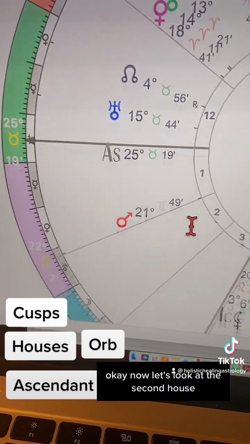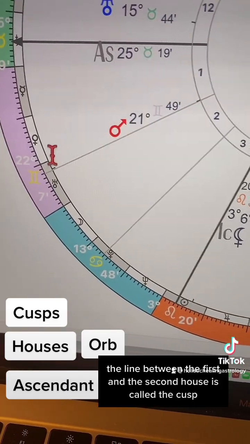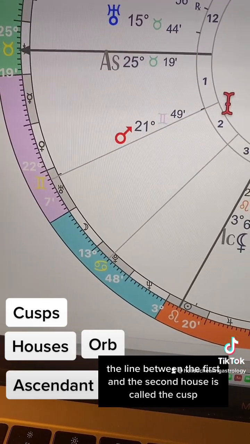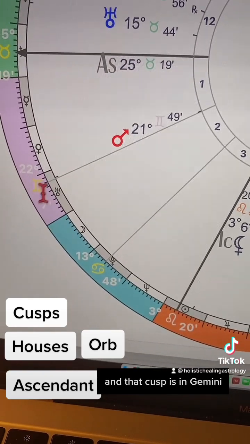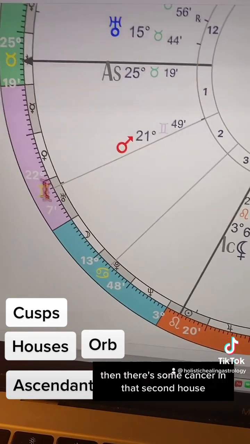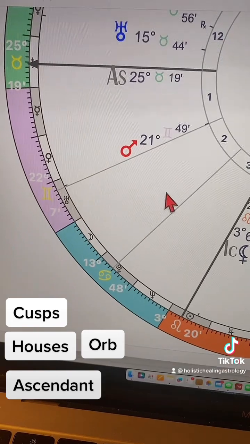Okay? Now let's look at the second house. This is a cusp. The line between the first and the second house is called the cusp. And that cusp is in Gemini. And then there's some Cancer in that second house.